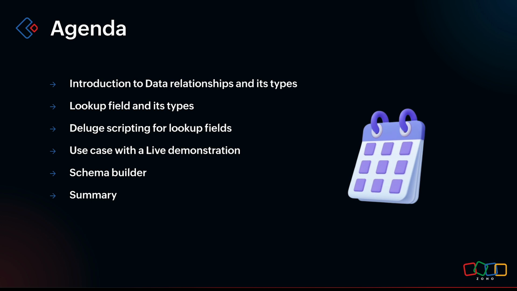After that, we'll learn how you can use the Deluge scripting language to bring automation into your application based on the relationship that you have built. For all these topics, we will give you a live demonstration based on real-time use cases.